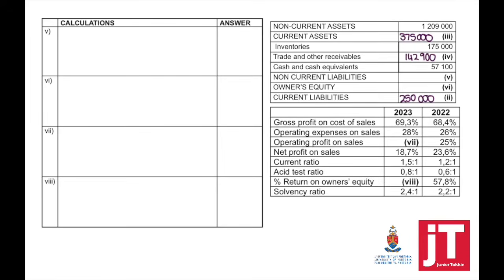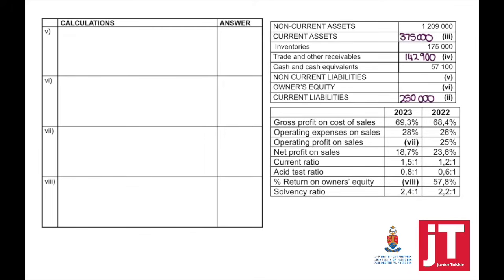It's nothing to do with your non-current liabilities. Current ratio and asset test ratio have to do with liquidity, short-term assets and short-term liabilities. We're looking for our non-current liabilities, long-term. So it's not an option. Percentage return on owner's equity? No, and it's anyway unknown. We need to solve that.